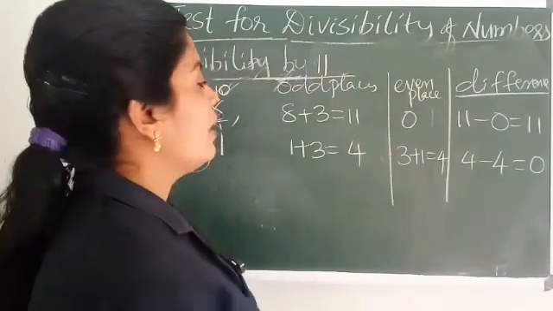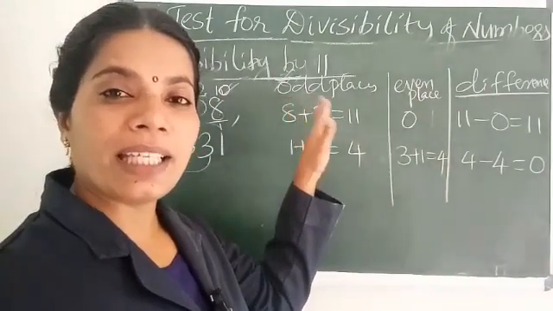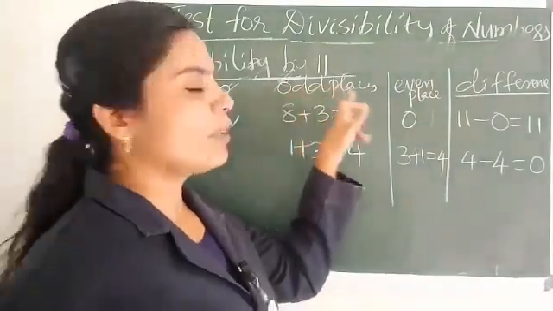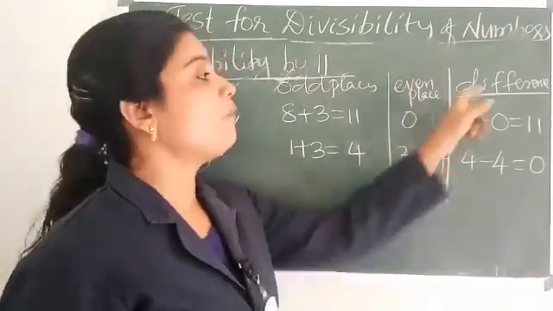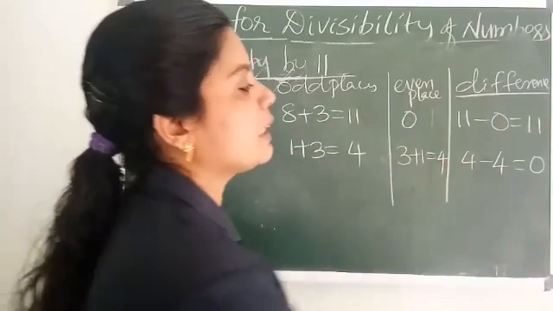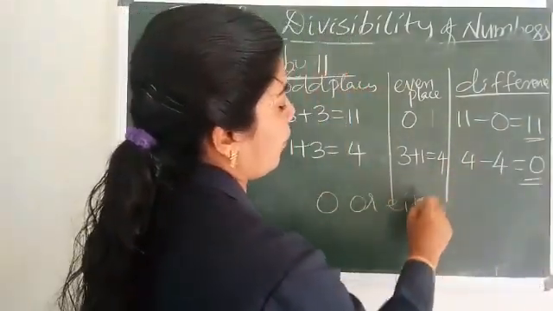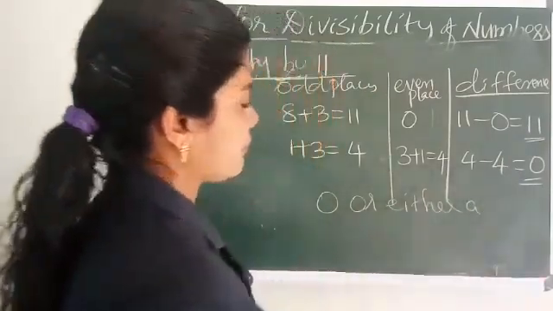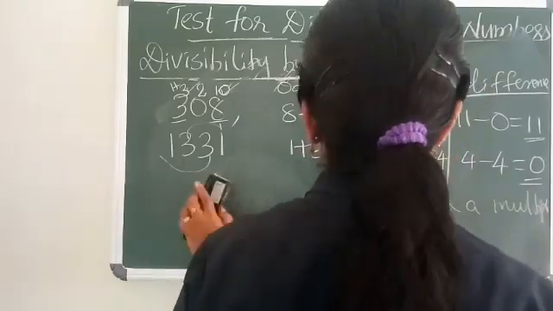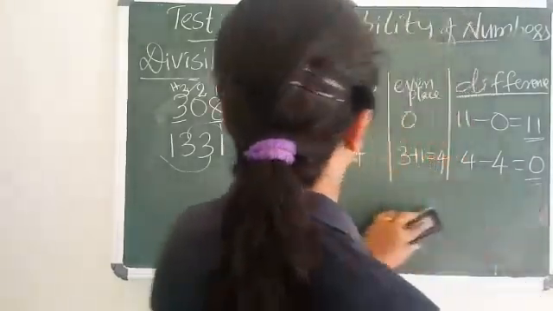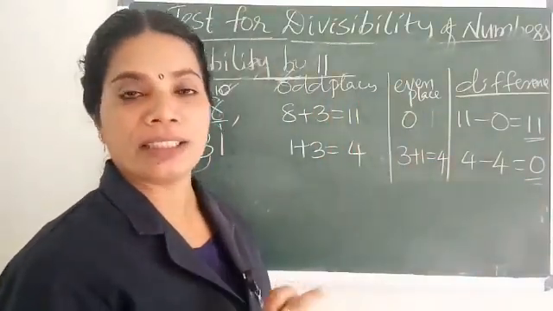So what do we do? Find the sum of the digits in odd places and the sum of the digits in even places, and find the difference.